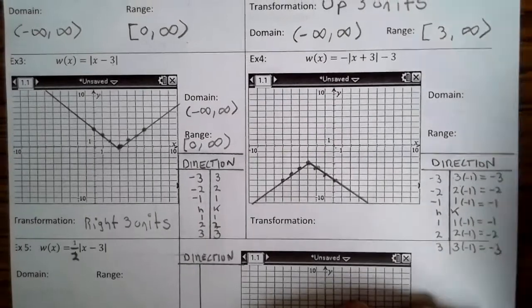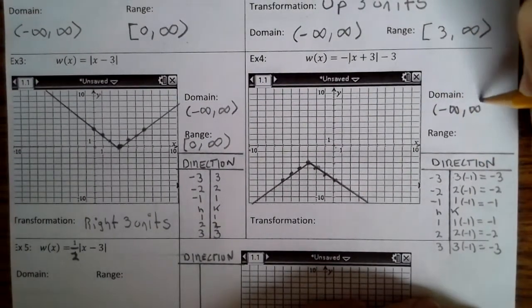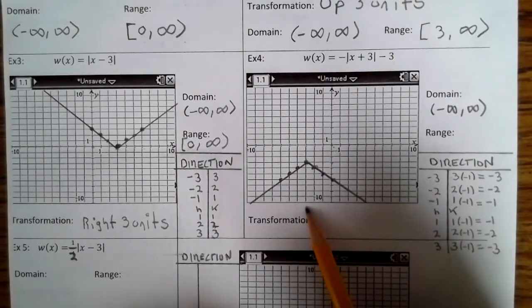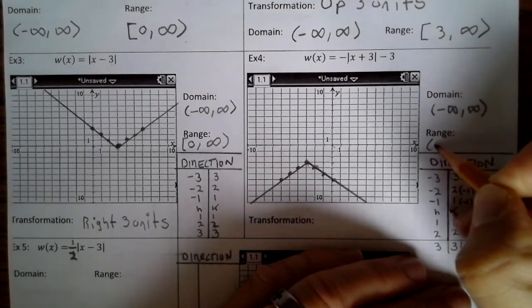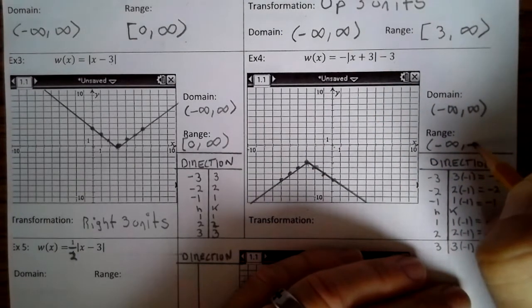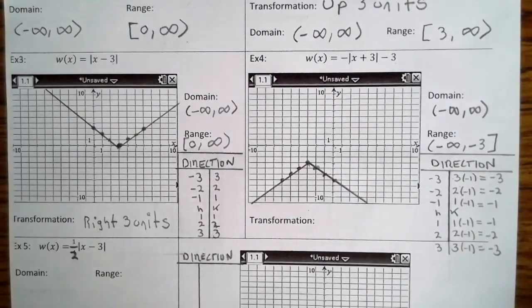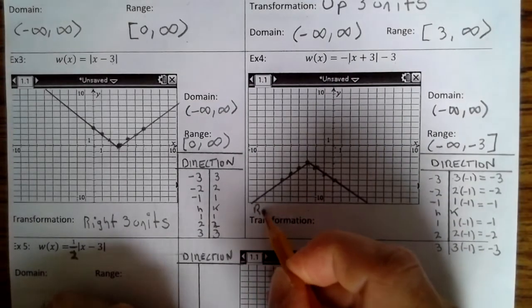Okay, the domain is still from negative infinity to positive infinity. But here the range, because one of the transformations reflected over the x-axis, it's actually coming from negative infinity to -3. All right, which gets to our transformations. We just talked about it. It reflected over the x-axis.